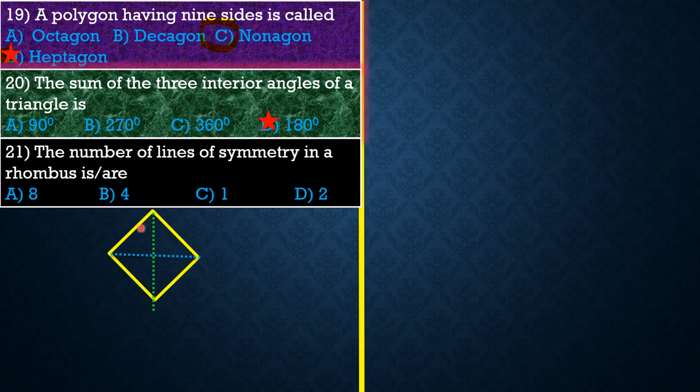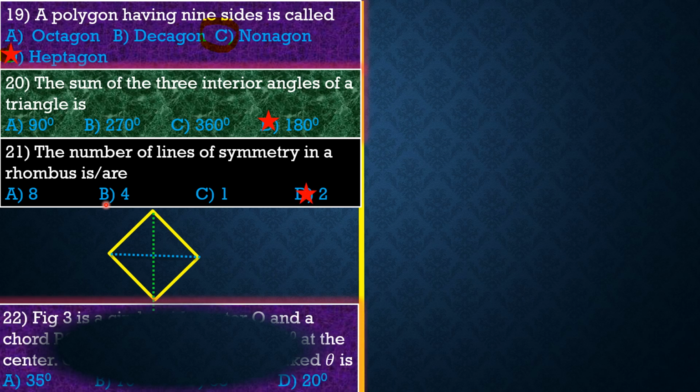A line of symmetry is simply a line drawn which partitions a shape into 2 equal halves that are mirror images of one another, such that if you fold one half, it will fall directly on the other. So option D has to be the best option.